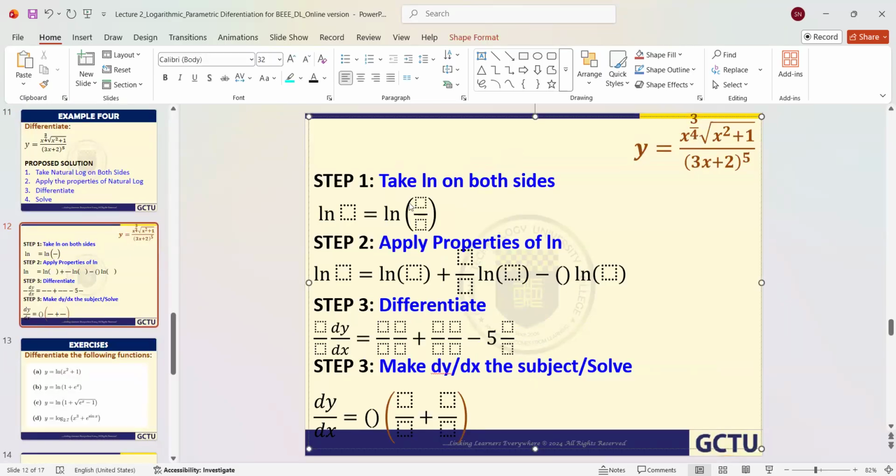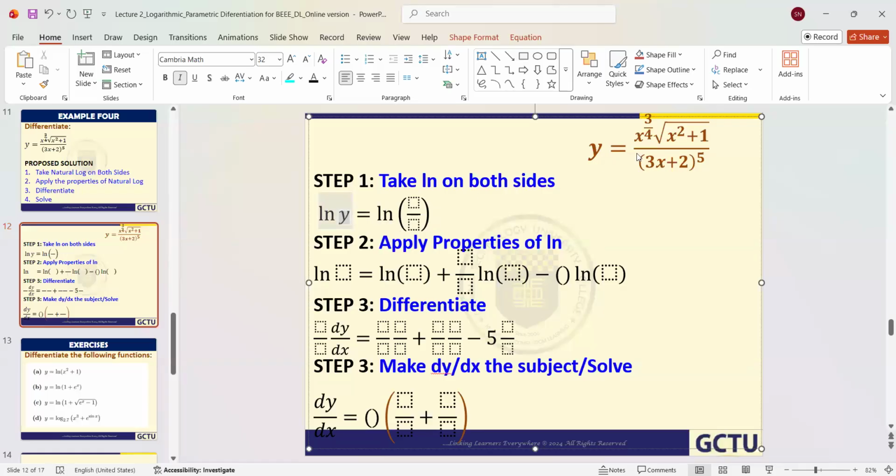I'm sure this work will be more involving. I hope you can see the equation here. If we take natural log on both sides, the left-hand side will be equal to ln y.